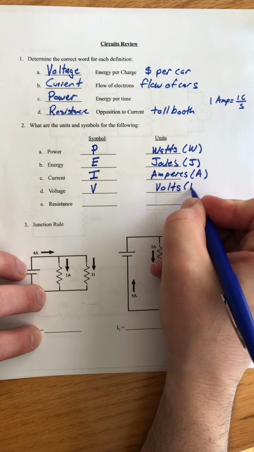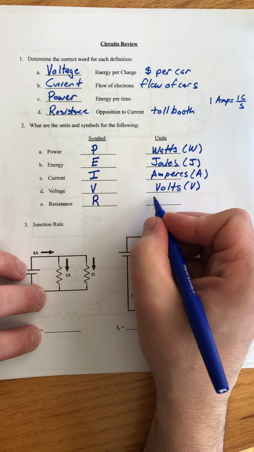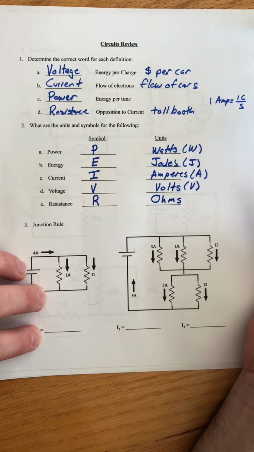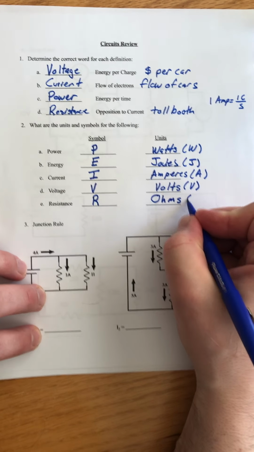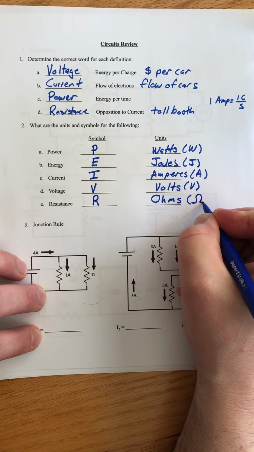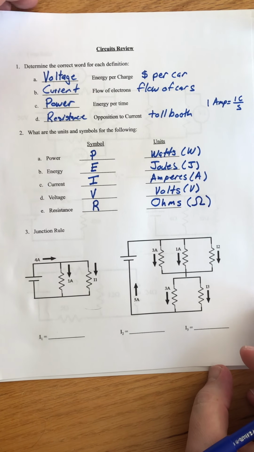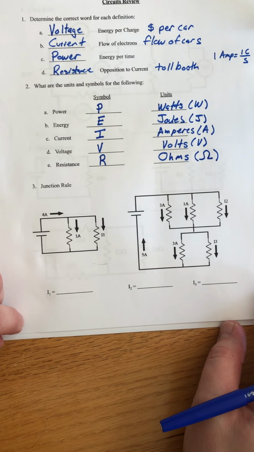And then we have resistance, and that's measured in ohms. Now, if we said we had 5 ohms and used the letter O, that would be confused with 50. And so they used the Greek letter omega instead. Okay? So those are all of the terms and their units.